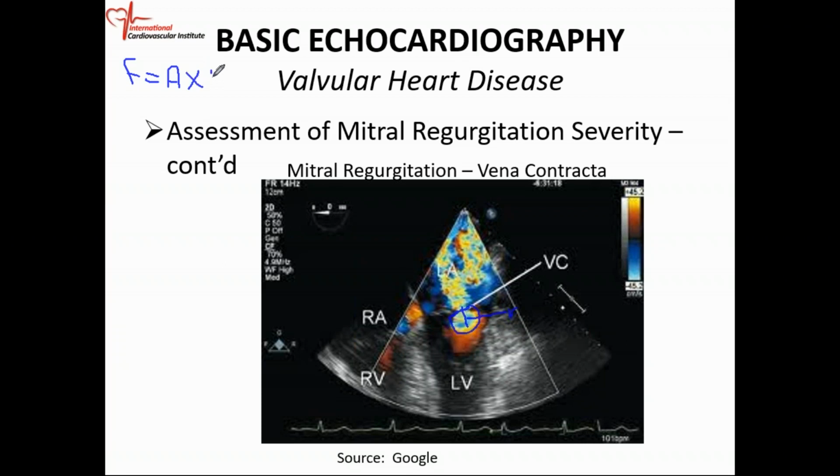So remember, we established that from your hemodynamic principles: flow is equal to cross-sectional area times velocity. So the regurgitant flow is equal to the flow at PISA. Let's just do the regurgitant flow.